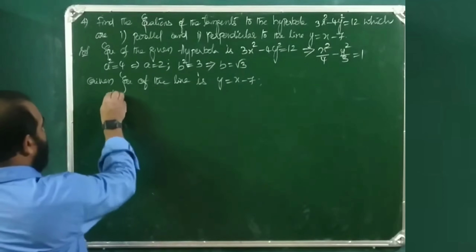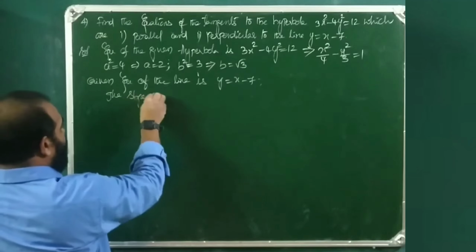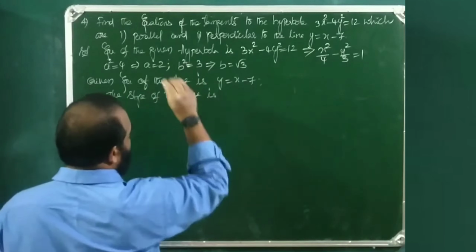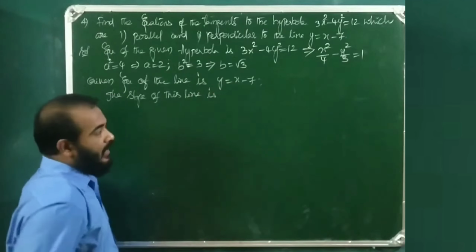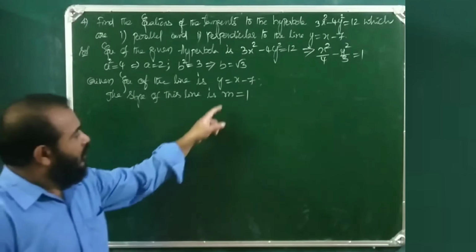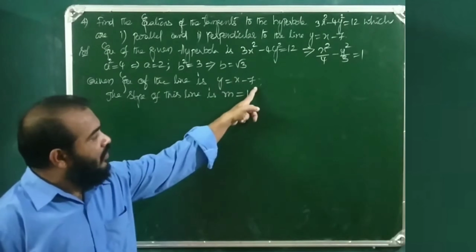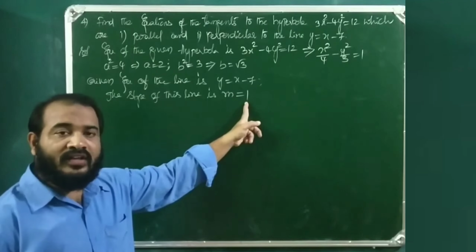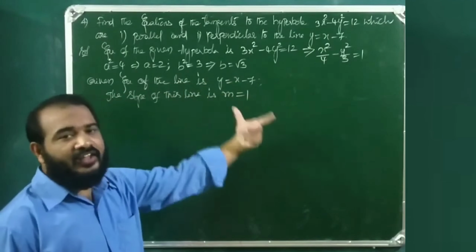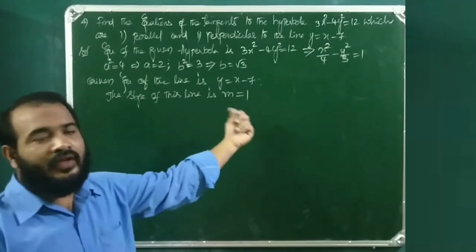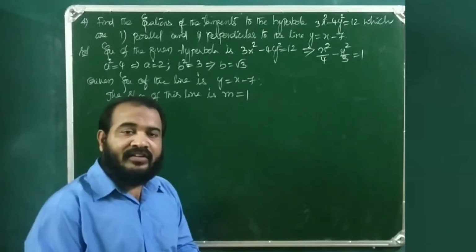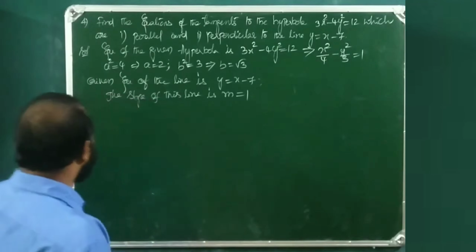The slope of this line, comparing with y is equal to mx plus c, is m equals 1. So if the slope of this line is 1, what is the slope of a line which is parallel to this line? That is also having the slope m equals 1, because two parallel lines have the same slopes.